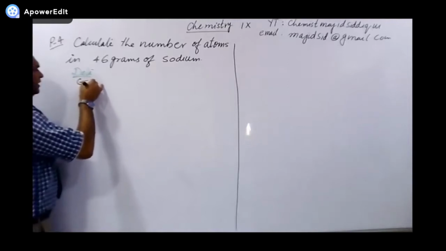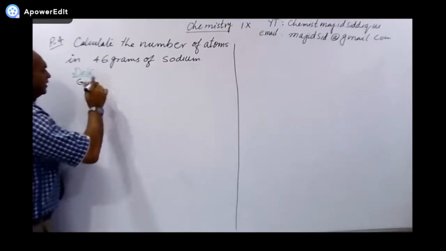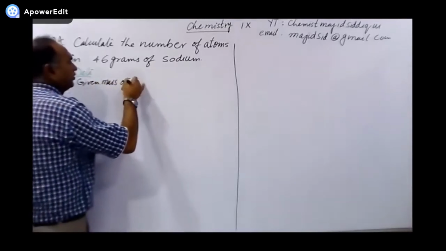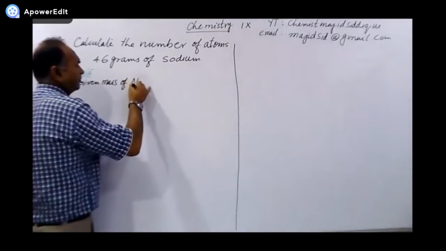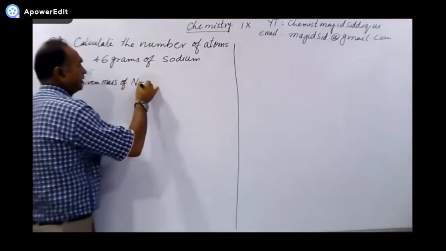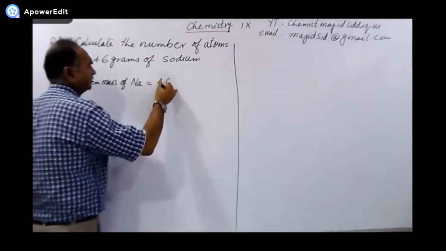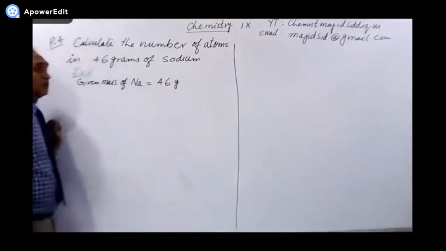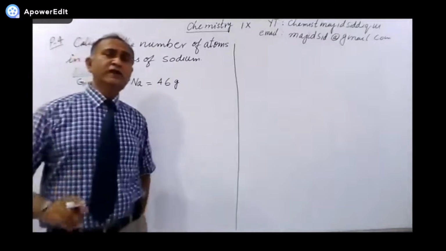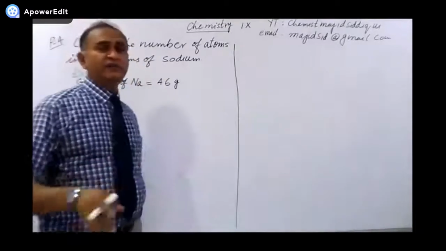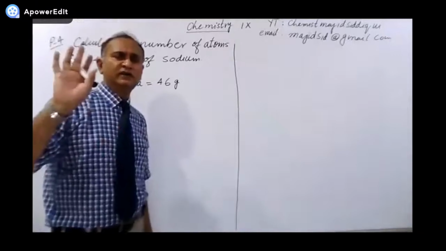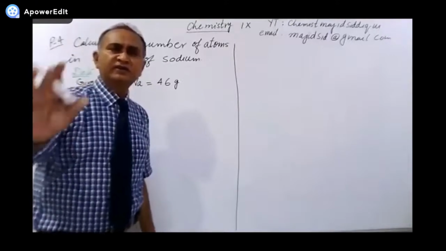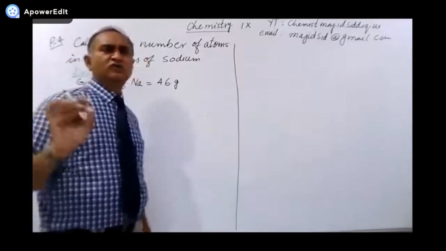Given mass of sodium, 46 grams. And I told you, whenever it is asked to find the number of atoms, number of molecules, number of ions, the value of Avogadro number is understood. It is given to you.